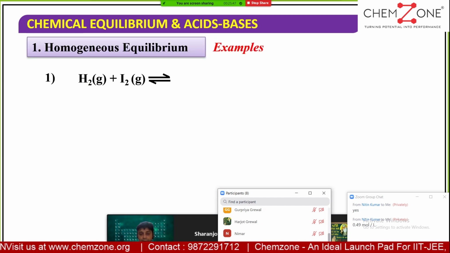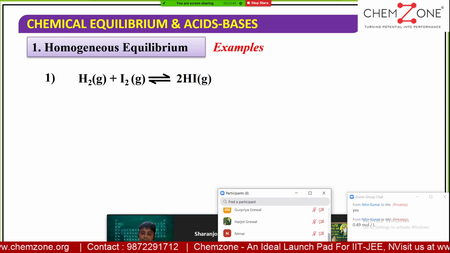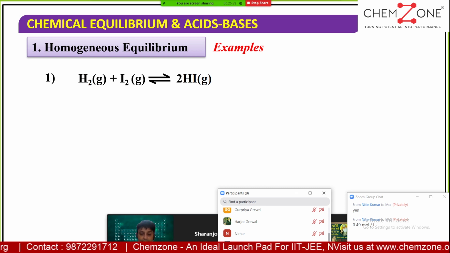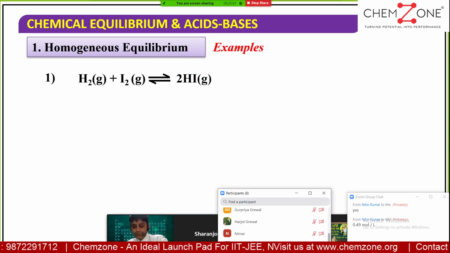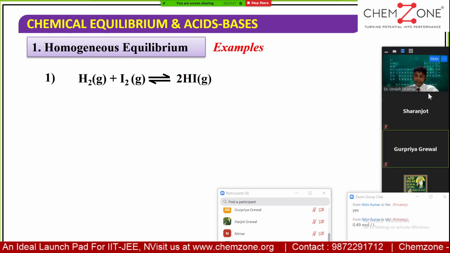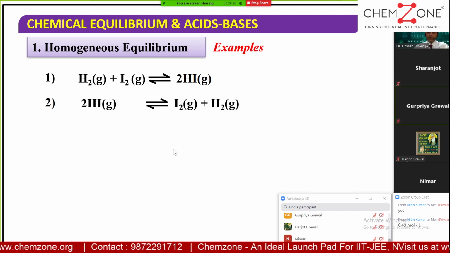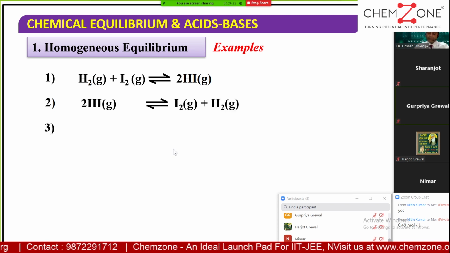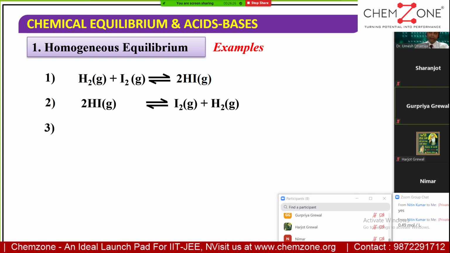For example, you can see H2 gas, I2 gas and HI gas. All the reactants and products are in the same phase. HI decomposing to give I2 plus H2. This is in the state of equilibrium, having same phase.